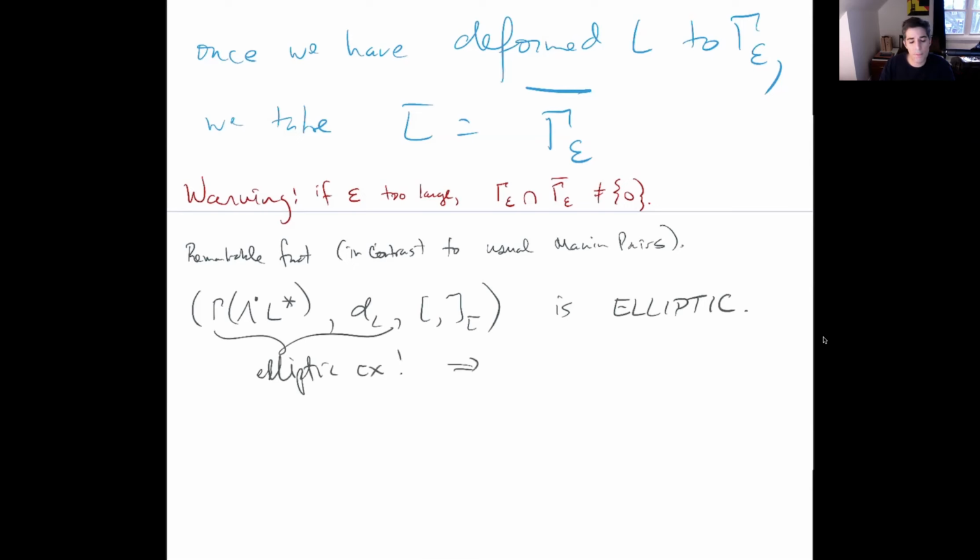And so this implies that on M compact, the dimension of the cohomology groups for this operator are finite dimensional.